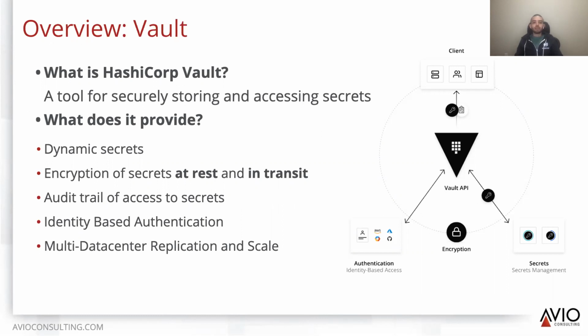It's capable of handling different types of authentication methods, such as GitHub login, username and password login, Active Directory, and many others. And of course, it allows us to do replication, therefore providing consistency, scalability, and highly available disaster recovery.